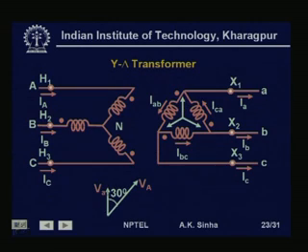So, Va is in this direction and VA, capital A, that is the high voltage side voltage, is in this direction as shown here. There is going to be a difference of 30 degree in the phase angle whenever we have a star delta transformer. This needs to be taken care of in the equivalent circuit.